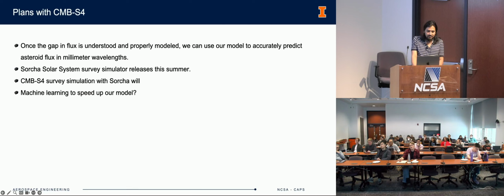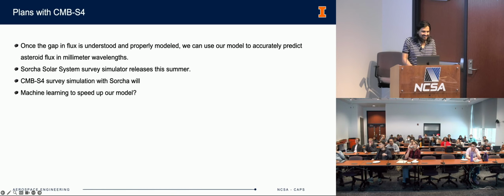Once that gap is filled, I think we can more accurately predict the temperatures. And we are going to use the SORCHA solar system survey simulator, which is being developed. It is mainly being developed to work on the Rubin Observatory, but we can also use it for CMB-S4.